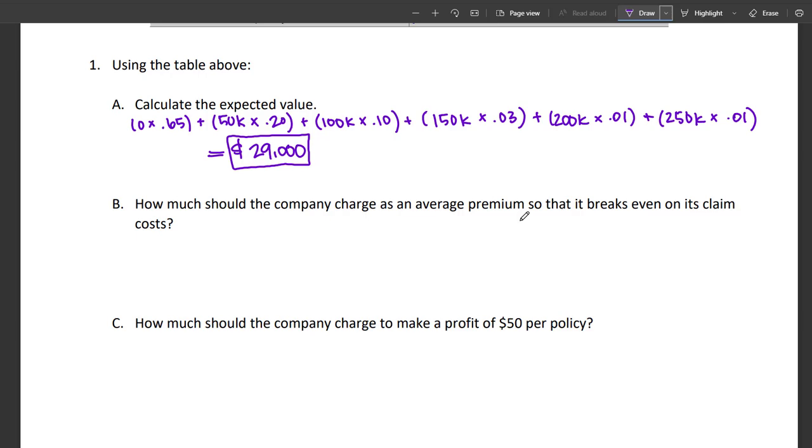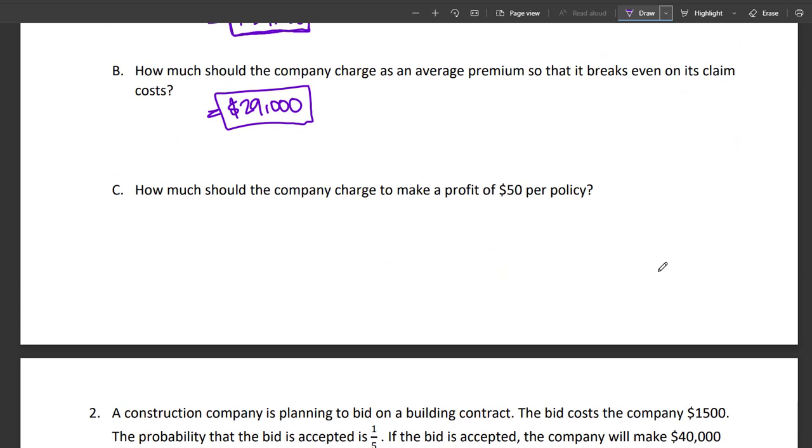So if they're going to pay this $29,000 to each homeowner, how much should they charge to break even? And the answer is $29,000. How much should the company charge to make a profit of $50 per policy? Well, if you're breaking even at $29,000, you would have to charge $29,050 to make a $50 profit.